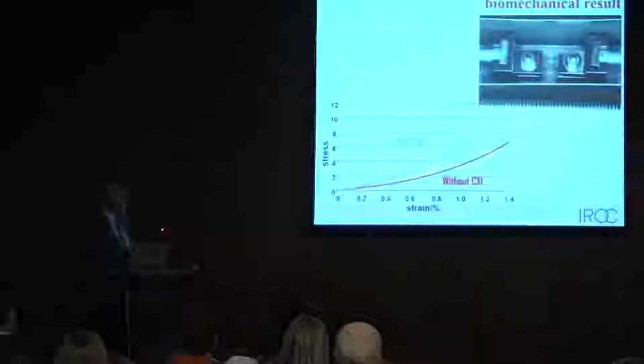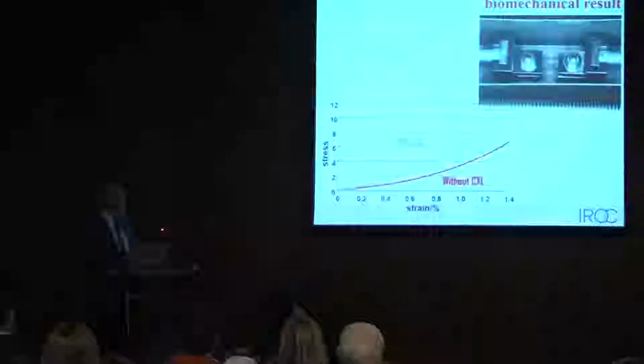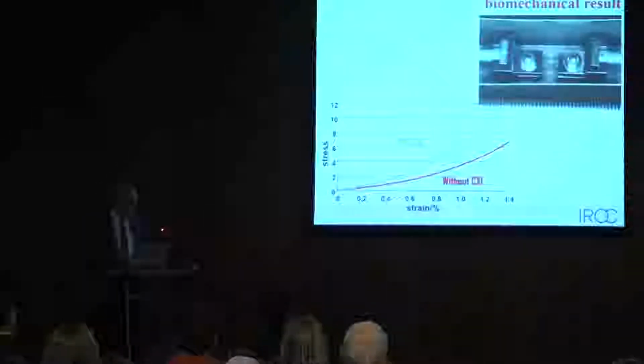Those are the curves, and you can see that a normal human or pig cornea has a strain of 1% at 4 megapascal, and here with cross-linking you need much higher force. So that cornea is stiffer and stronger, and that is one of the things that we see right after cross-linking.